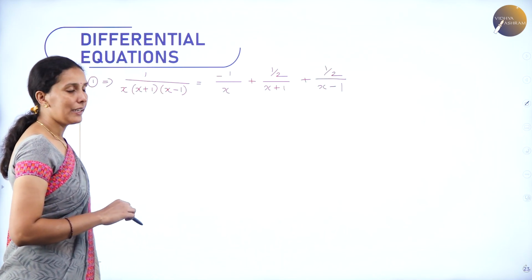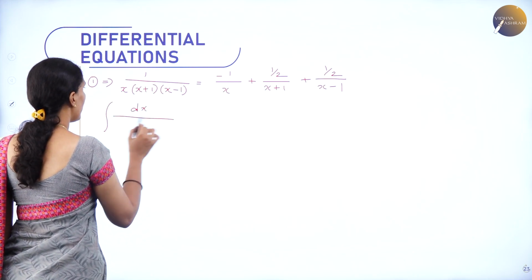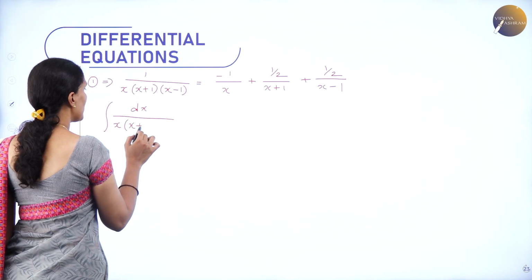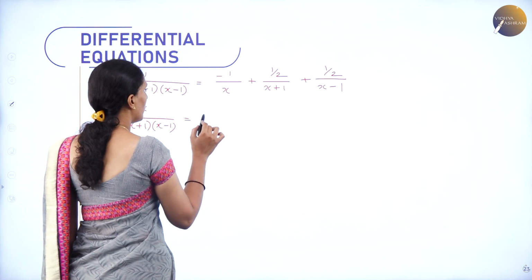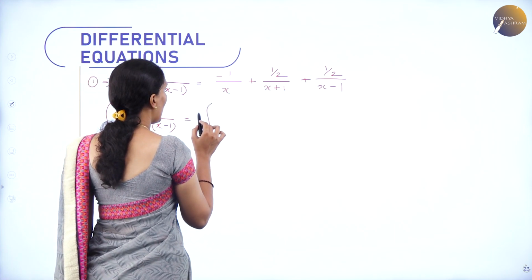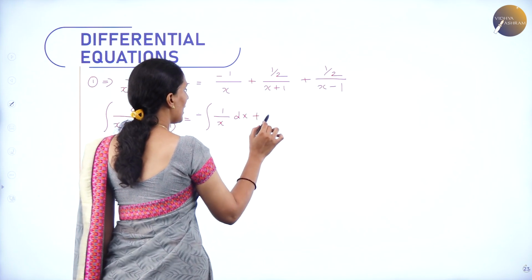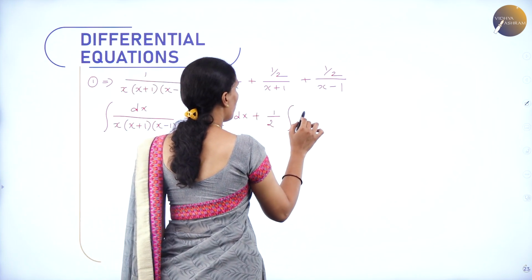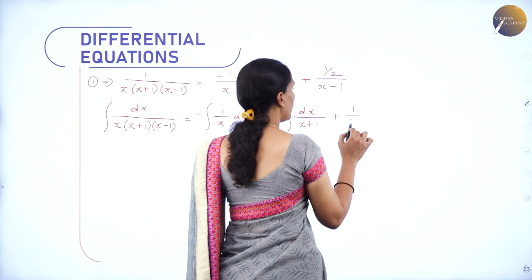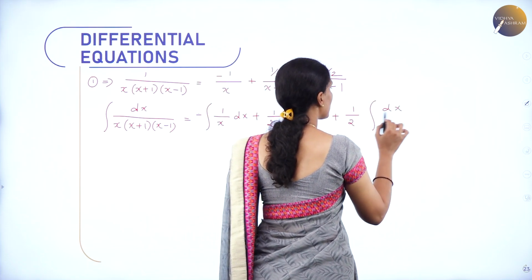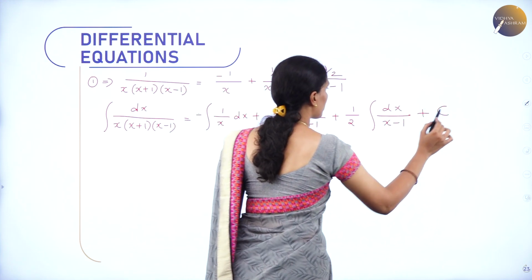So now let me integrate it on both sides. Integral of dx/(x(x + 1)(x - 1)) is: I'll take the minus outside, integral of 1/x dx. Again I'll take half outside, integral of dx/(x + 1). Again I'll take half outside, integral of dx/(x - 1), plus c.